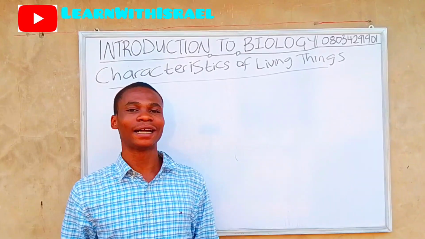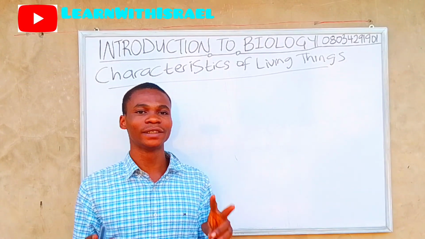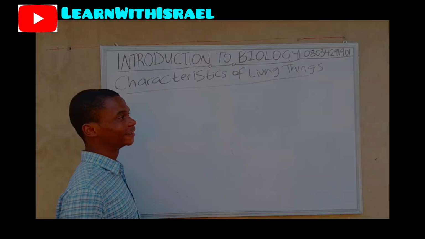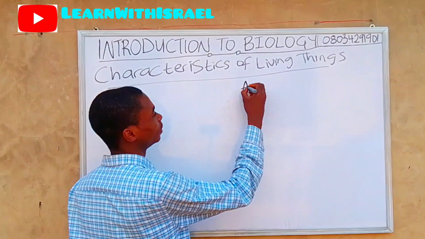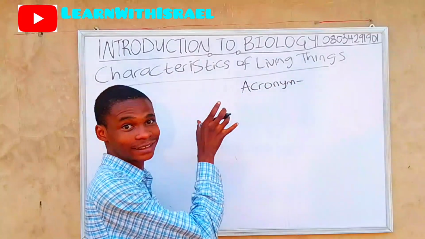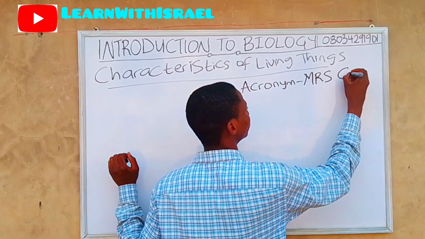We have 7 characteristics of living things, and I'll write out the acronym to master it. So the acronym for the characteristics of living things is MRS GREN.